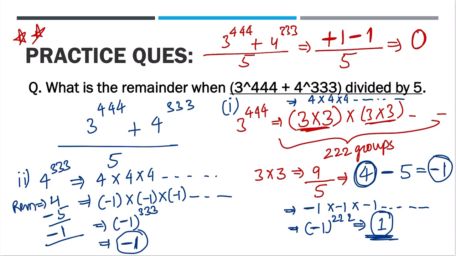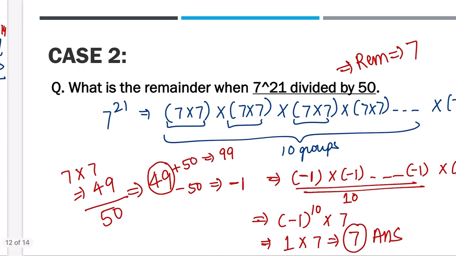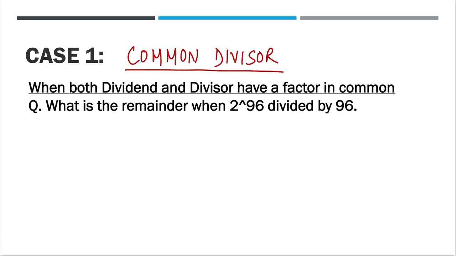Now let's move to the next question, 2 raised to power 96 divided by 96. This is a question of concept. We are going to use the concept of common divisor.